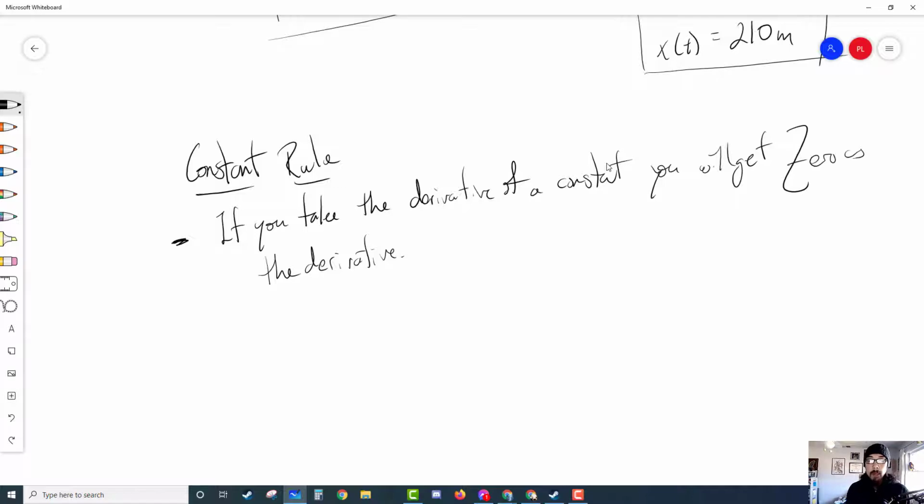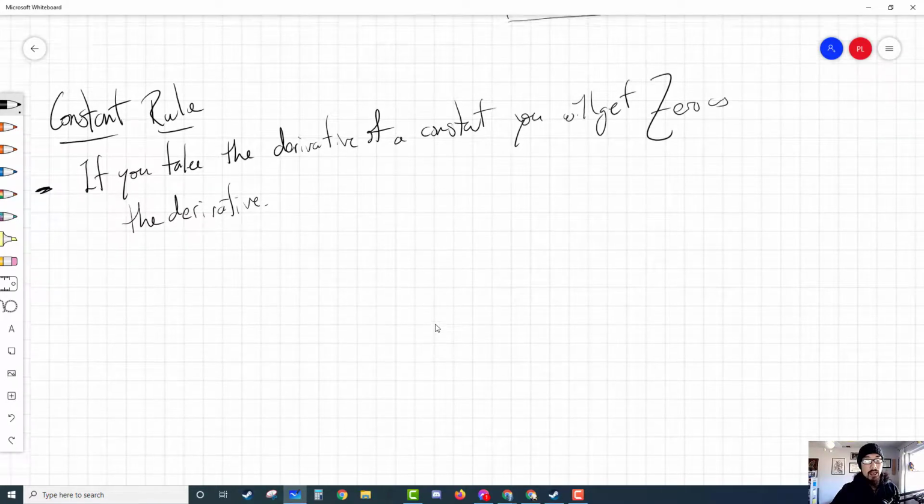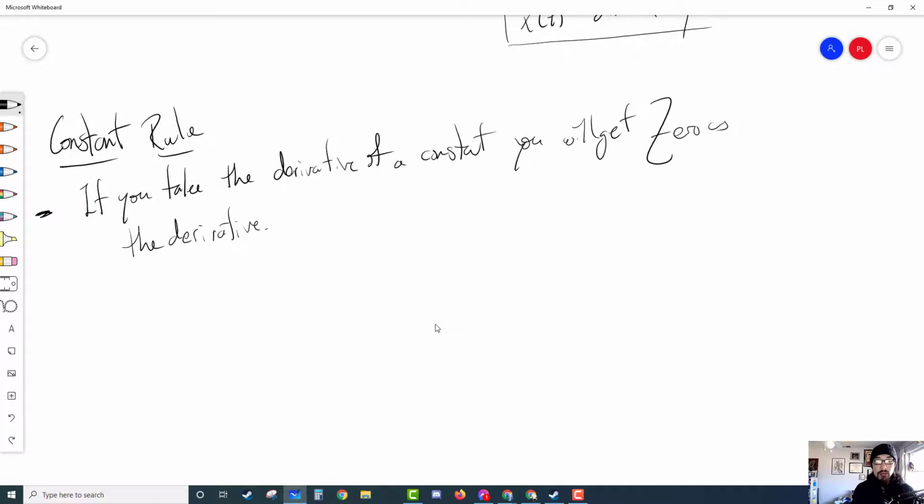All right, so how is this really applied to us? Let's do some examples. So I'm going to give us a couple of functions where we have just a constant. So let's say we have f of x is equal to 7. So if I were to take a derivative, I'm going to show you the different notations.